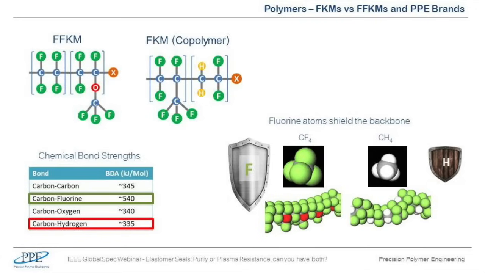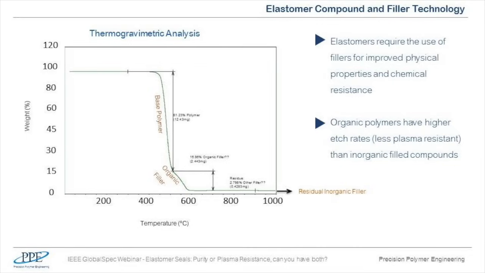In CH4, the hydrogen is a lot smaller atom than fluorine, which means that the shielding effect of hydrogen is a lot less than fluorine. So not only the bond strength of these chemical bonds, but also the size of the atoms are key factors protecting the polymer backbone from external reactive species.